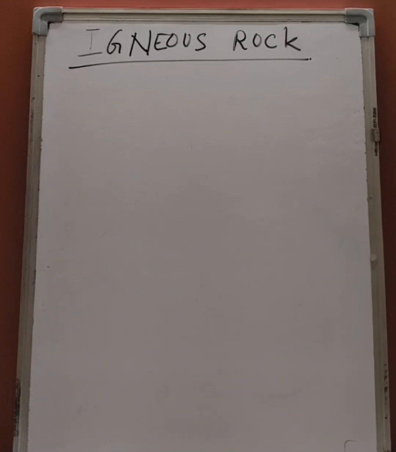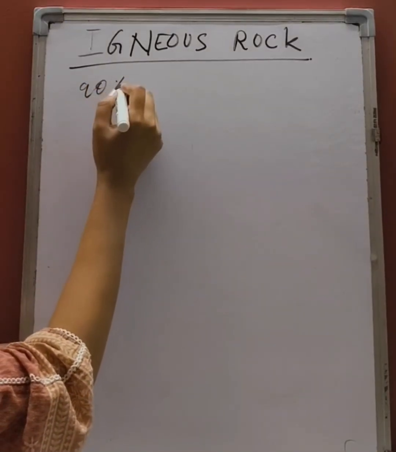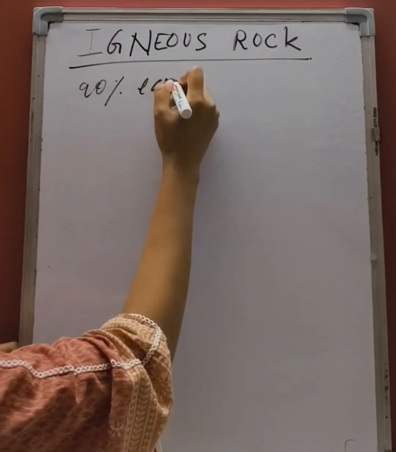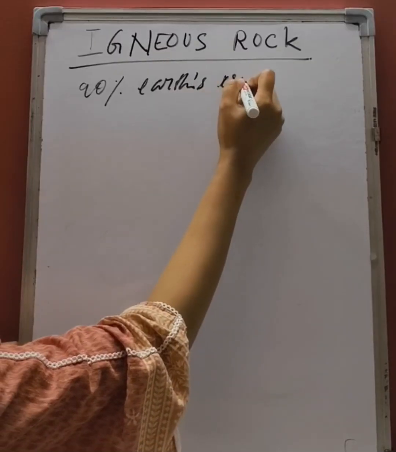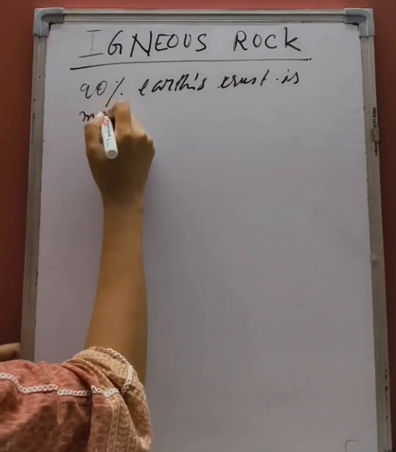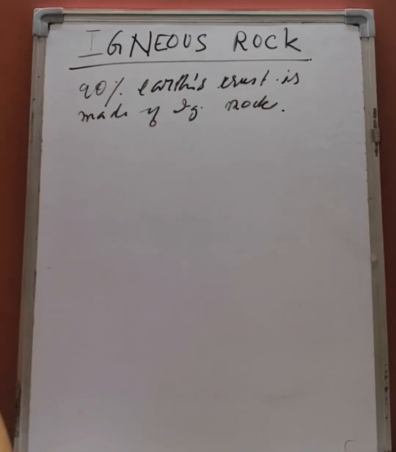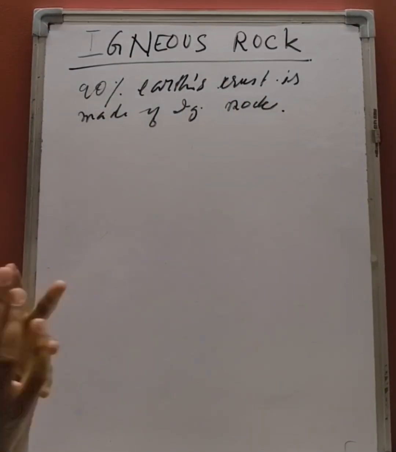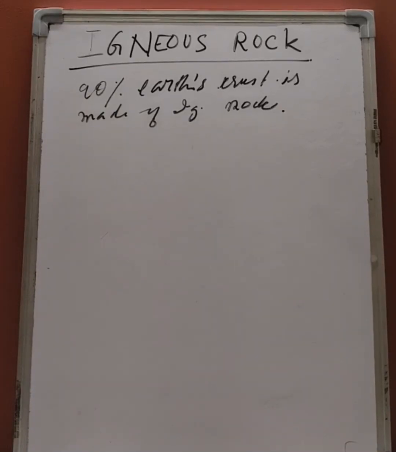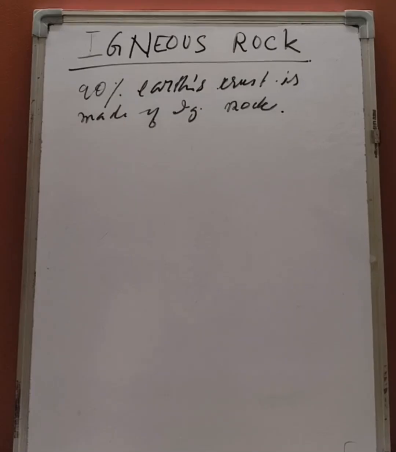Before we go deep into this topic, we should know that approximately 90% of Earth's crust is made up of igneous rocks. So the first rocks that are formed in the rock cycle are the igneous rocks, because from the magma chamber what comes out is the lava or magma.